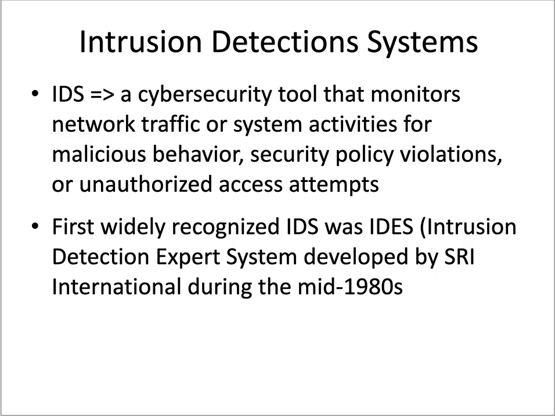The first widely recognized IDS was named IDES, which stood for Intrusion Detection Expert System, and it was developed in the mid-1980s. So back in the 80s, expert system was a term that was used a lot, and at the time it was kind of what AI is to modern day as far as solving problems.